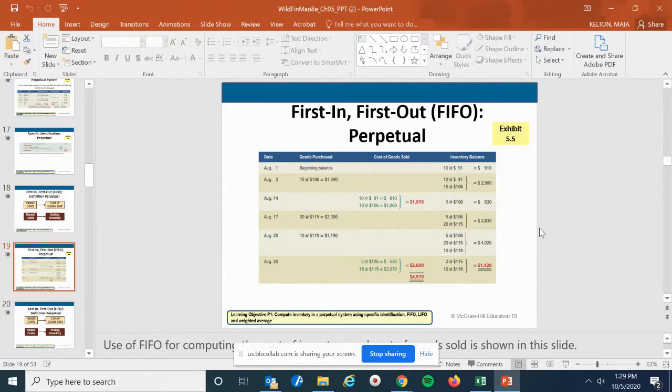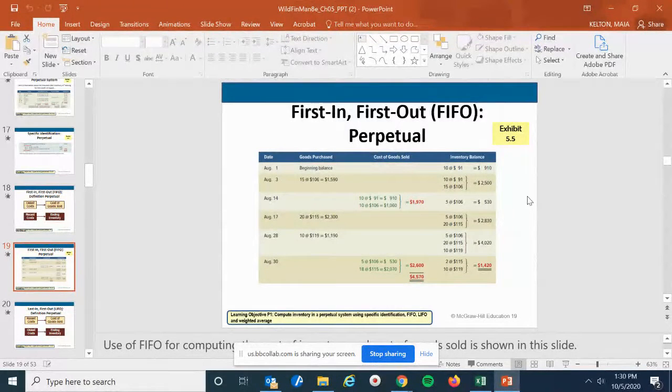So again, and you'll see in the recordings, if you want to listen to those recordings early on, you'll see that when we are working problems like that, we take it step by step. We do it very slowly. We need to account for every single unit purchased and every single unit sold. At the end of the day, our goal is to calculate the total cost of goods sold that the company reports on their income statement, which is this number here, and the ending inventory balance, which they report on the balance sheet, which is this number here.